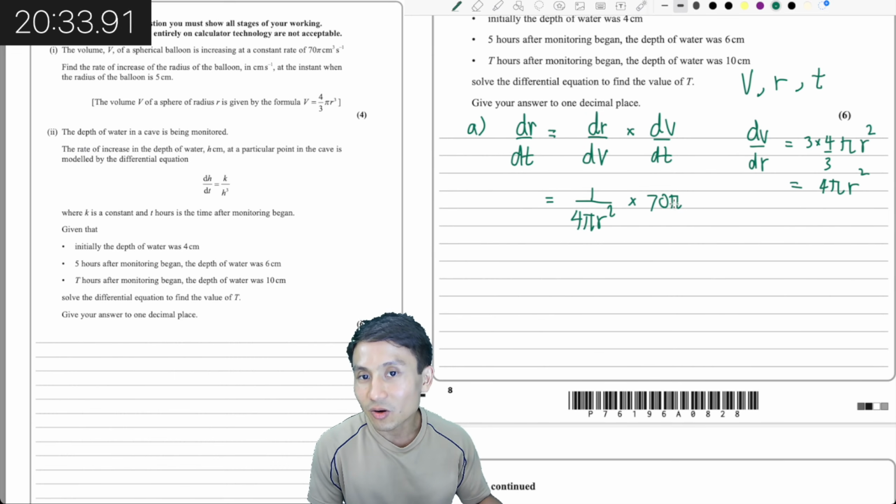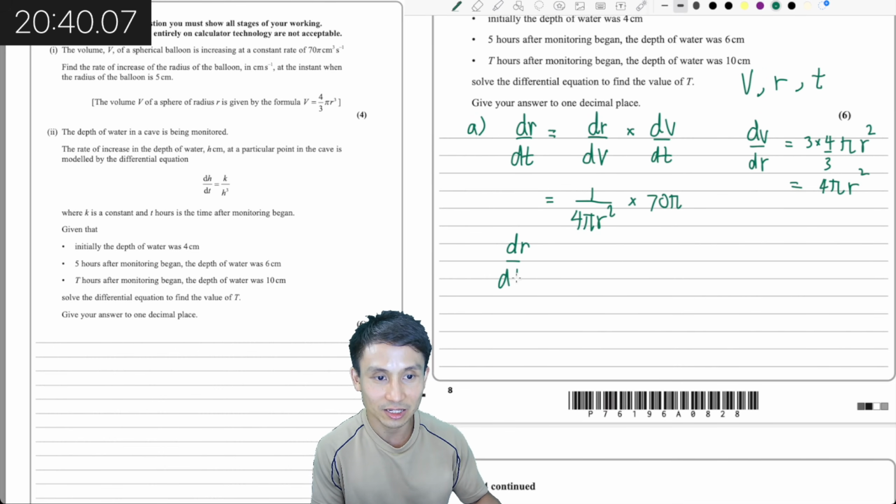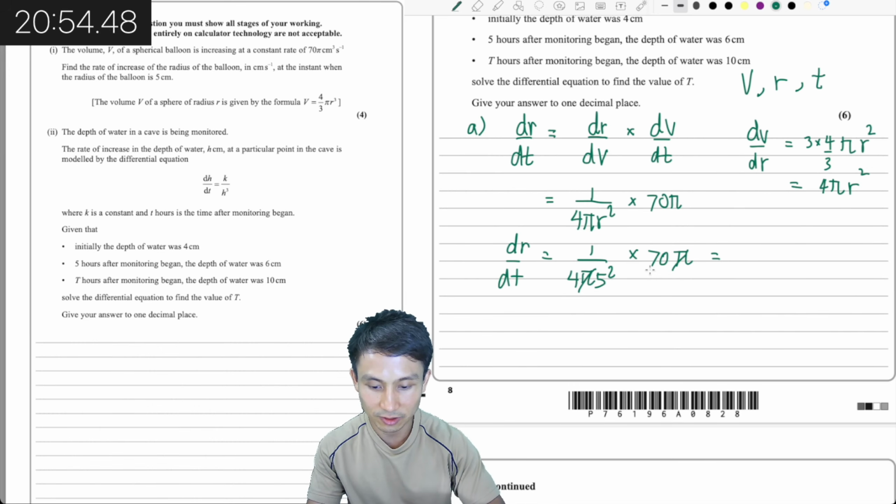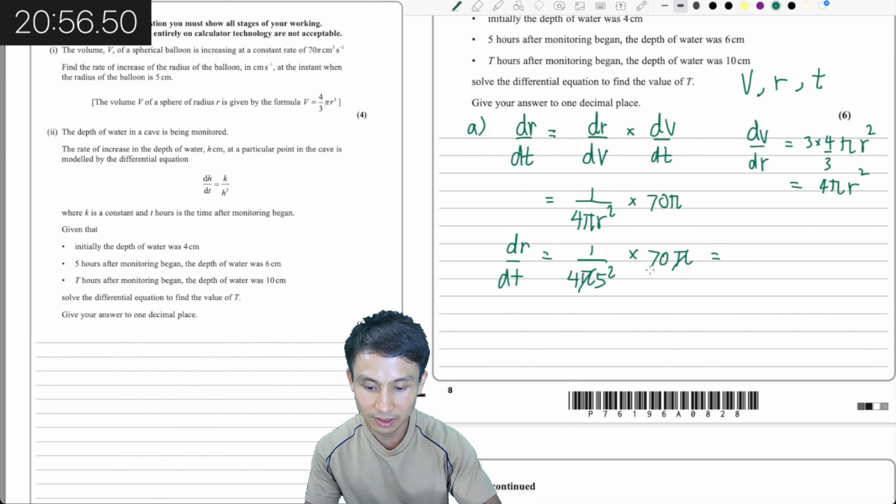And because it's already telling you that the radius of the balloon at this instant is 5, dr by dt is just substituting in all the numbers. So 5 squared there, multiply 70 pi. Pi cancel. So this will give you what? So that's 70 divided by 100, right?